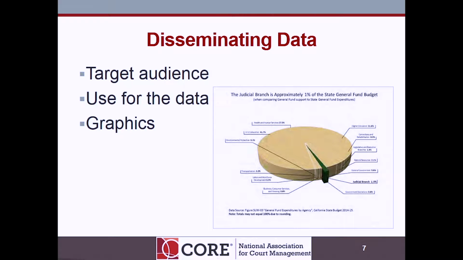So think a little bit about the graphics that you're using so that it speaks to the people that you're presenting to. It might be one thing if you've got a room full of finance people. A pie chart might be okay because that might be something that they're accustomed to looking at. Judges, maybe not so much. Staff. So once you start talking about collecting the data, I'm assuming at some point we'll talk about feeding the information back to staff.